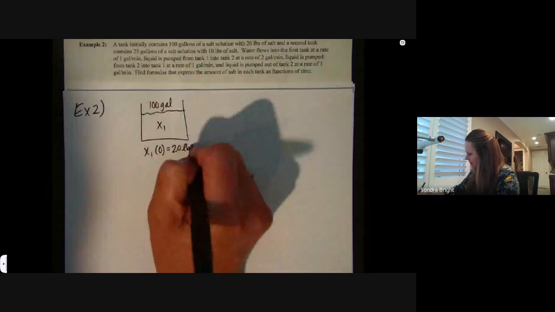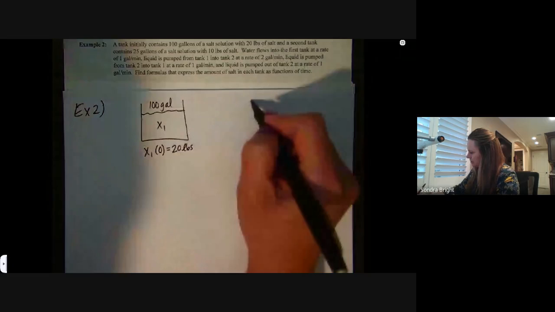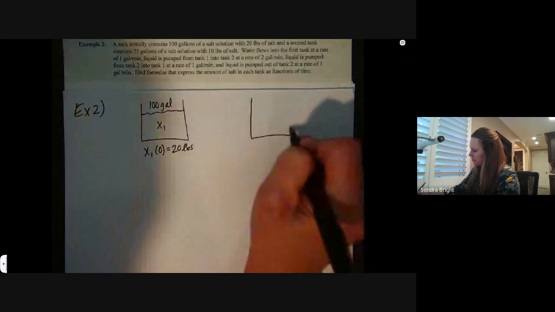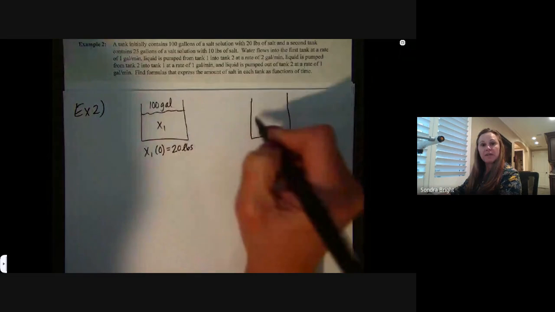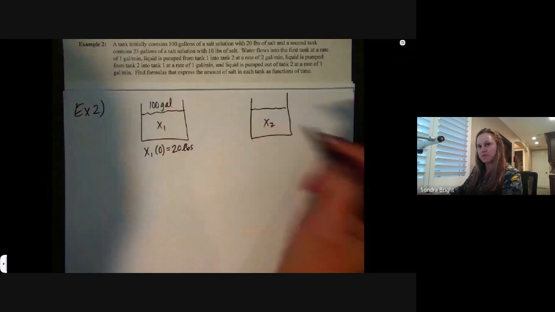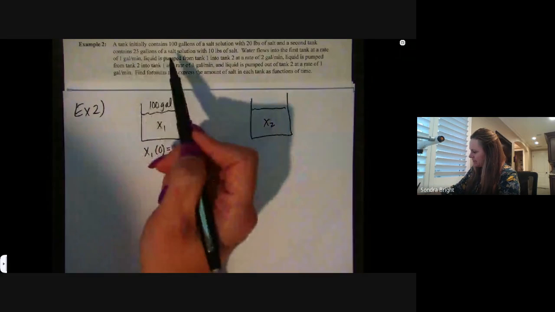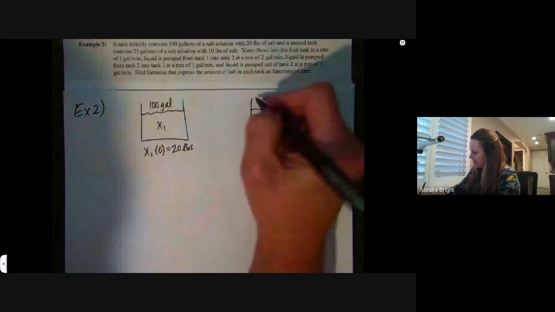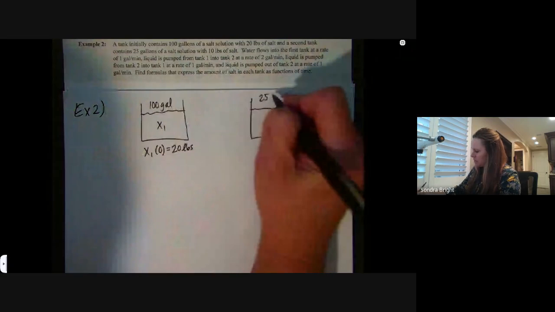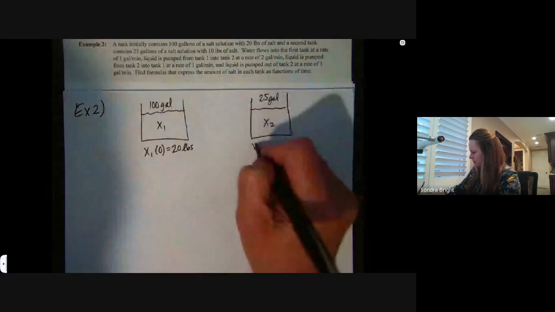And then tank 2 has some amount in it. I'm going to call it X2, and it contains 25 gallons of a salt solution with 10 pounds of salt. So there's 25 gallons of solution in there, and how much salt to begin with? 10 pounds.